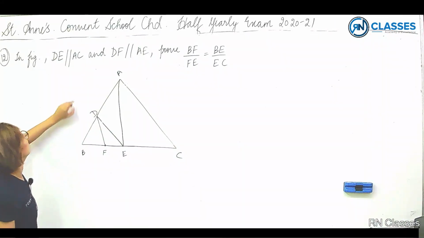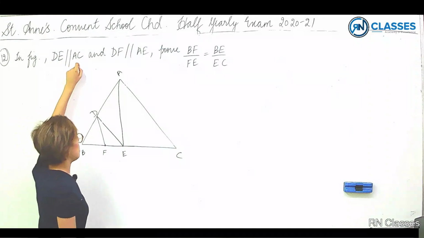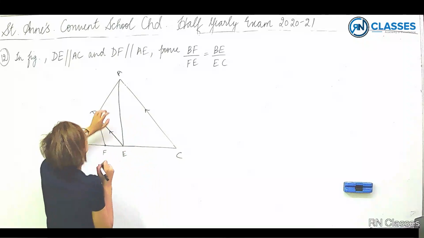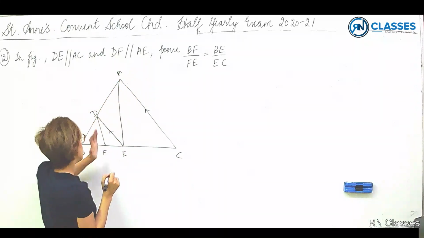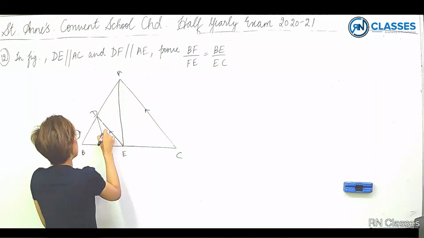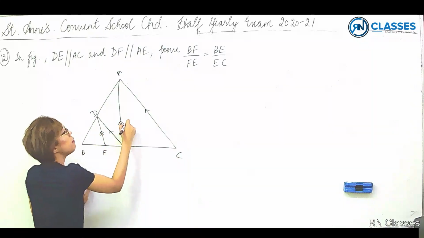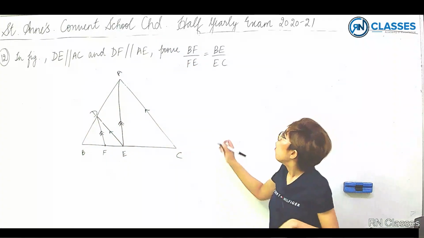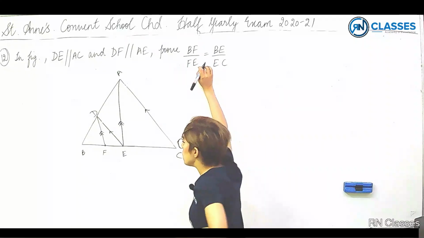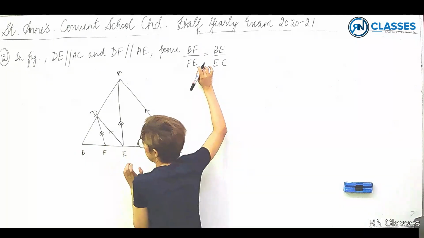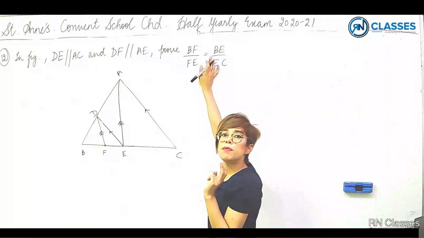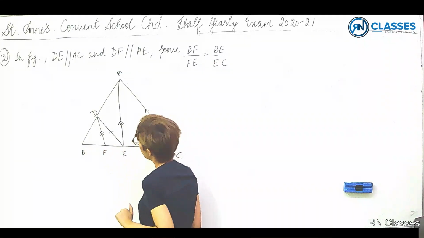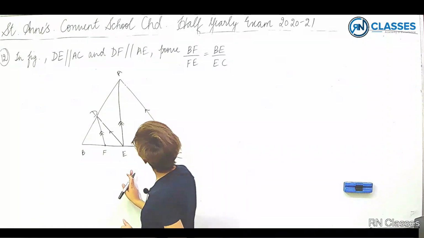He says in the figure DE is parallel to AC, and DF is parallel to AE. We need to prove this thing. Now, BF by FE is the ratio I'm interested in. In which triangle is it getting utilized?